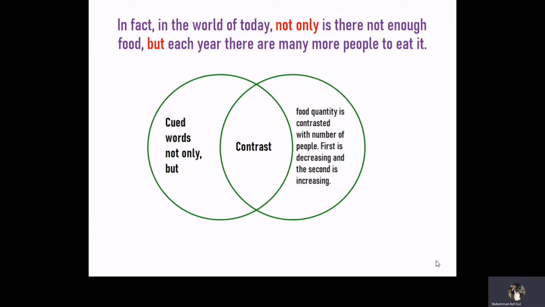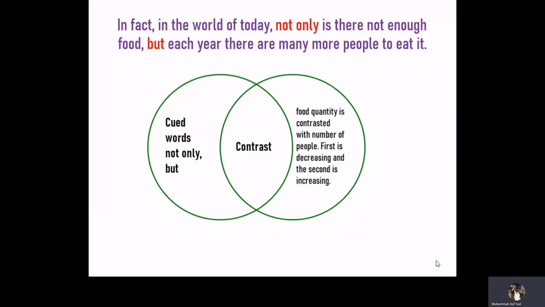First means the food quantity is decreasing. And the second means the number of people is increasing. So by applying this activity of graphic organizer, we have learned the actual message of this sentence.